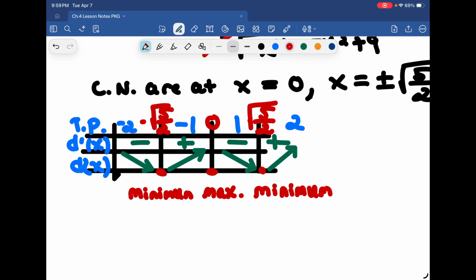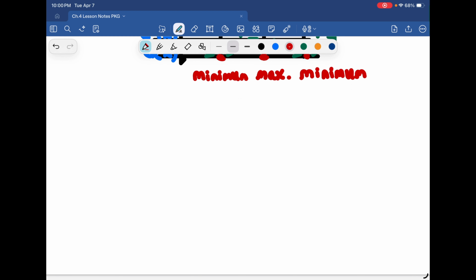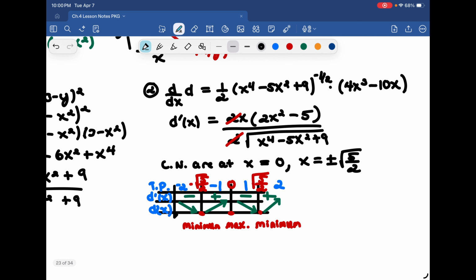Great. Now, to determine the distance that maximizes this, all we're going to do is plug in that overall x value, because we know that it's maximized at this root 5 over 2. And if it's maximized at this root 5 over 2, then we should be able to figure out the coordinate of the closest point. So, because we want to figure out the points that are closest, to do that, and I just want to keep track of my steps here.